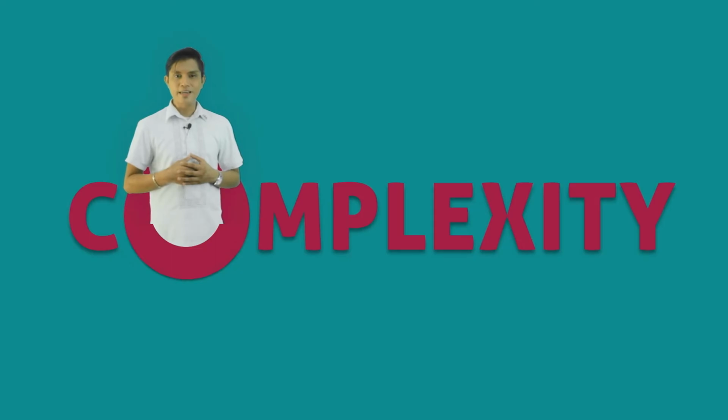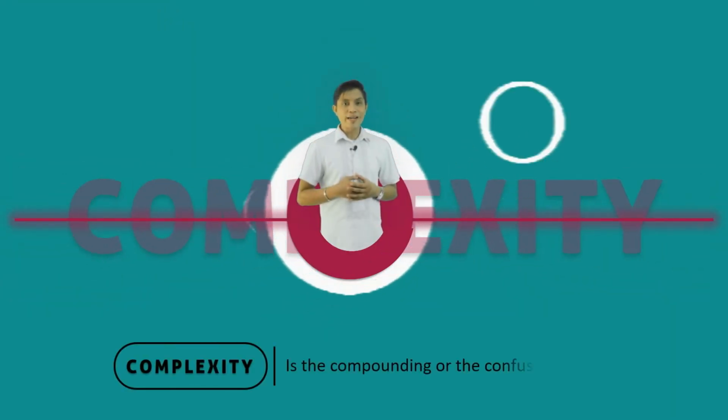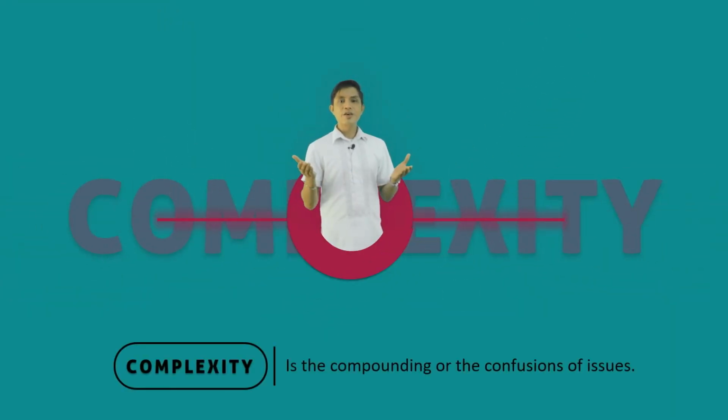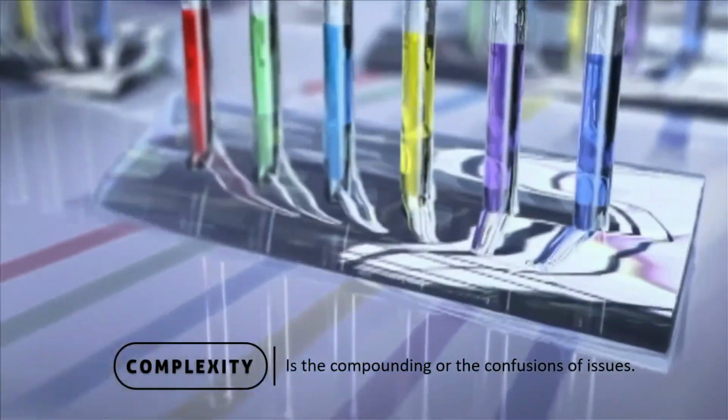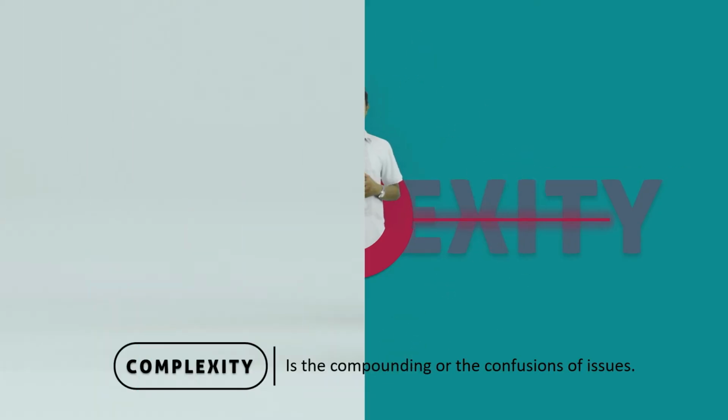C for complexity is the compounding or the confusion of issues. For instance, the news about the vaccines given to us Filipinos is of complexity because there are issues as to which would be effective or ineffective against COVID-19.